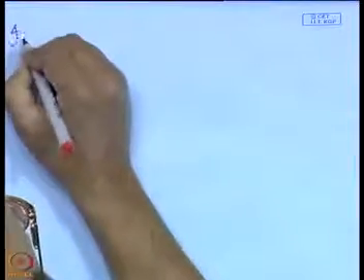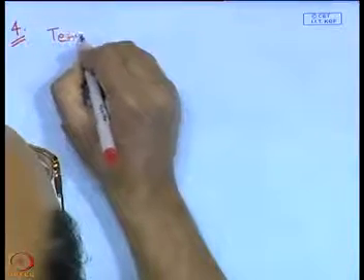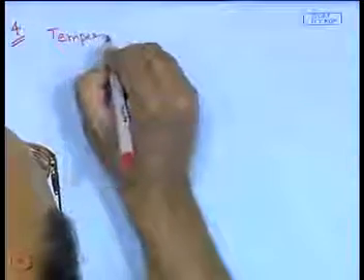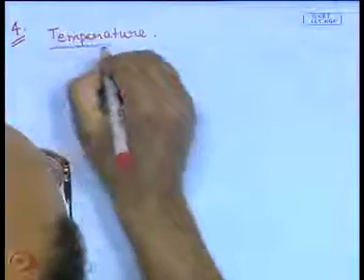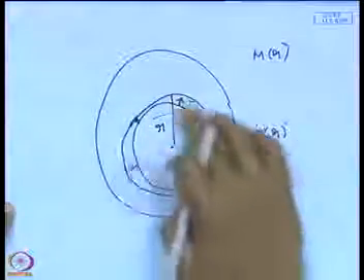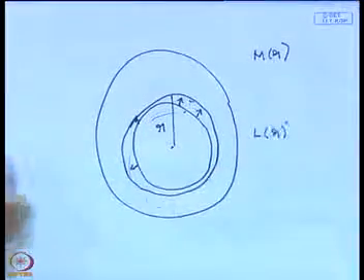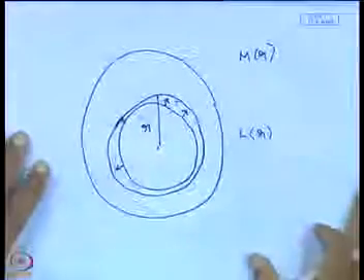The fourth equation is the temperature. So, we need to know the temperature profile. How does the temperature change inside the sun?